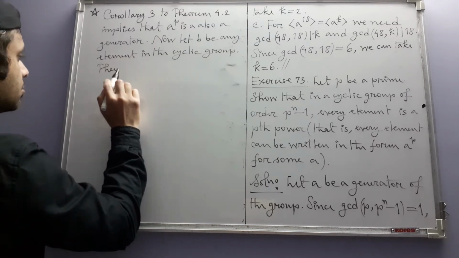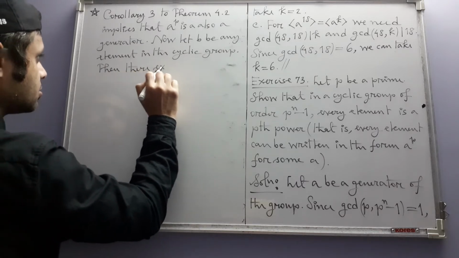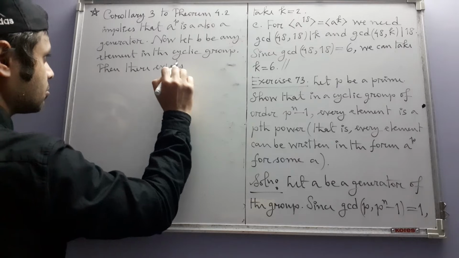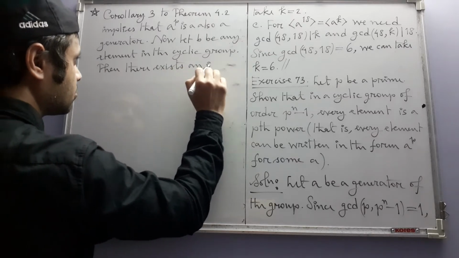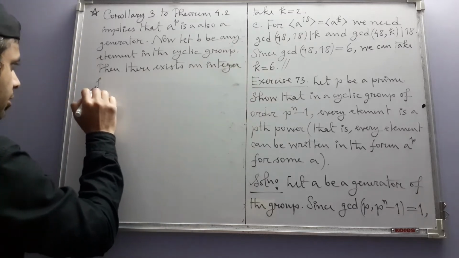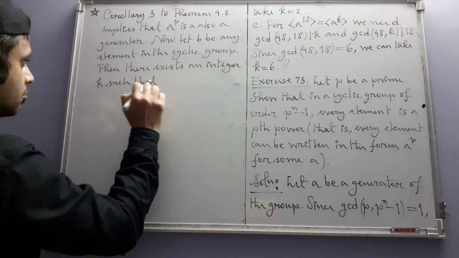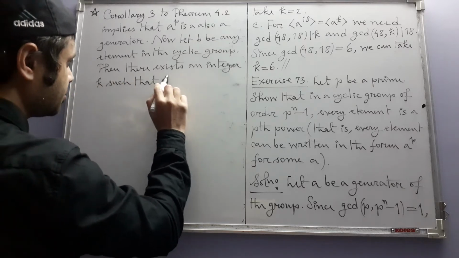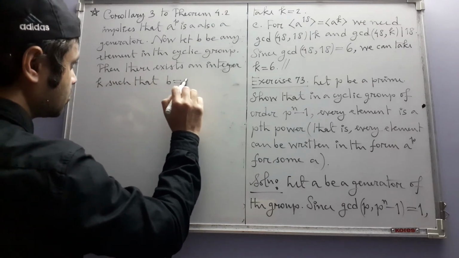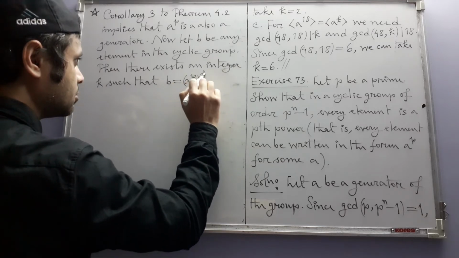Then there exists some integer k such that b is equal to this.